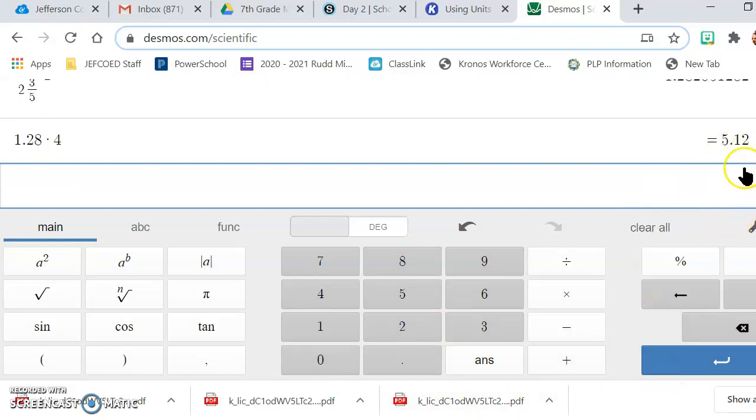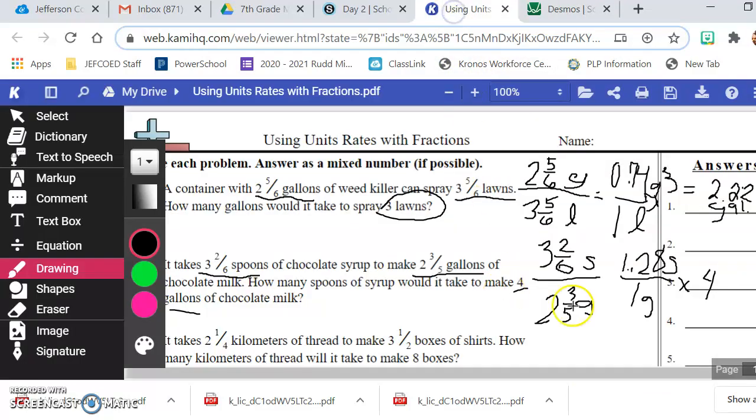That gets us 5.12. So our answer is 5.12. Now, if you need to do this on a scratch sheet of paper and then take a shot of that scratch sheet of paper to turn in, that works too, because I know this can be kind of messy.